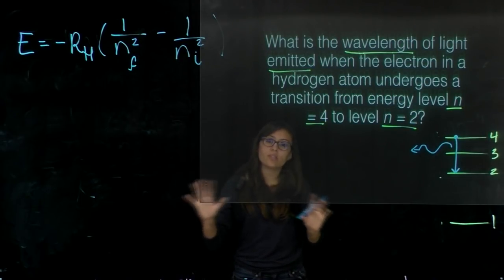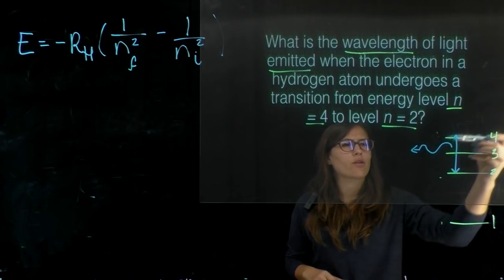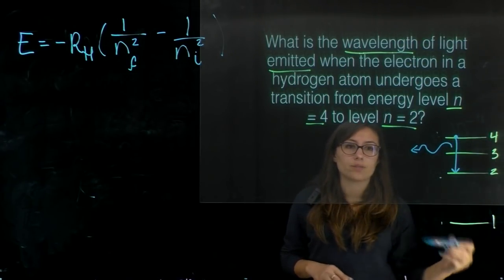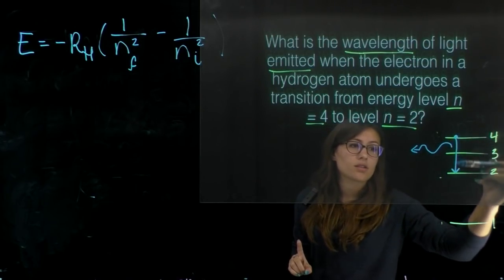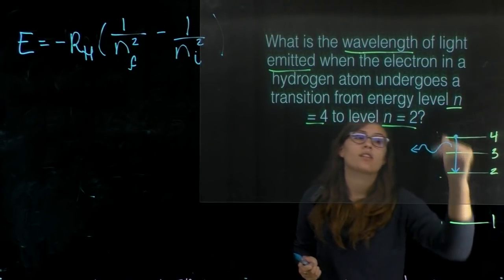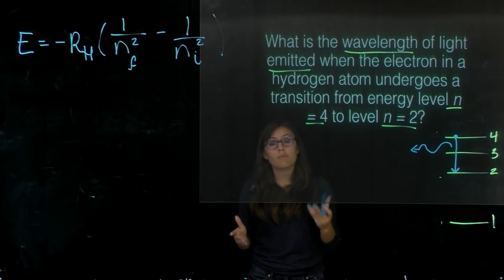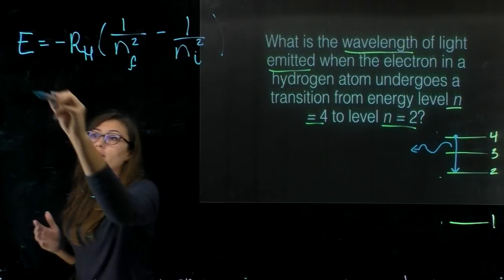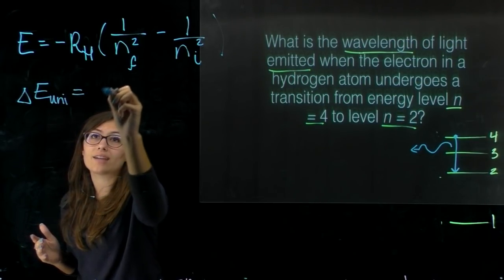Okay, so a few things that we want to take note of. When we go to calculate this initial energy, we are first going to calculate the energy that is lost from this electron in this transition. Remember that the total energy in the universe is constant.